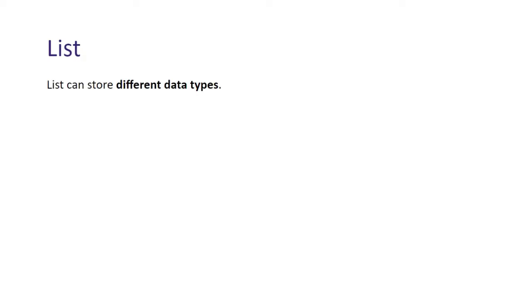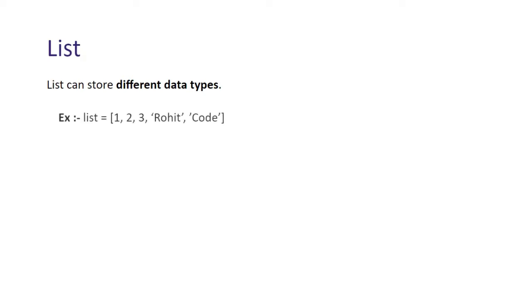Now, as you know, a string is just a simple text. But in a list, we can store multiple data types. Like in our unit test marks, it consists of marks and a subject name, so here it is two data types in one list. Similarly, in a Python list, we can also store different data types.